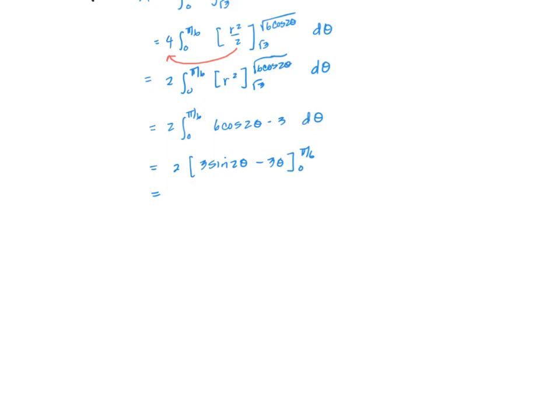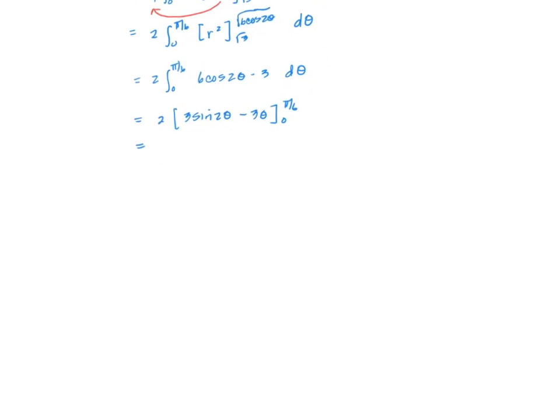Okay, so plugging in pi over 6, 2 pi over 6 would be pi over 3. Sine of pi over 3 is square root 3 over 2. And in fact, I'm going to take these 3's out and put it in the front here. So that's going to be 6 times sine of pi over 3, which is square root 3 over 2, minus pi over 6.